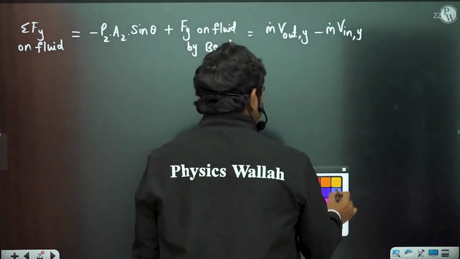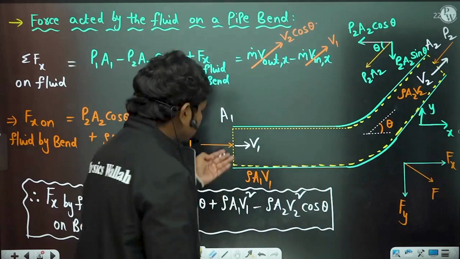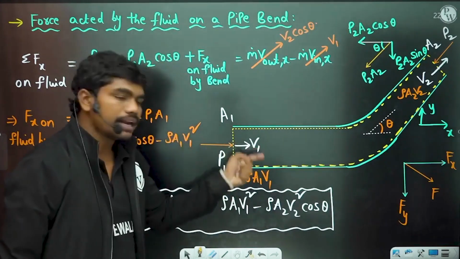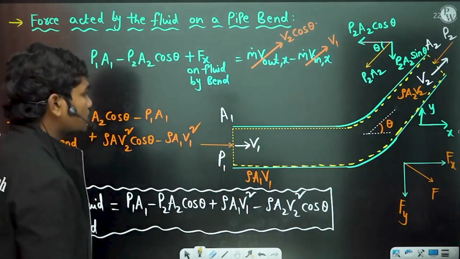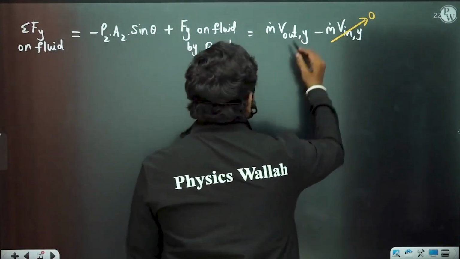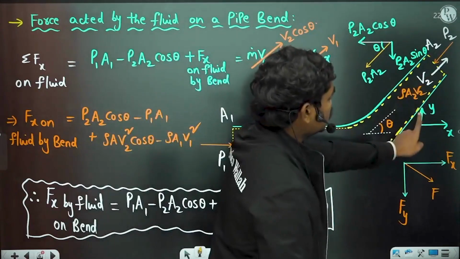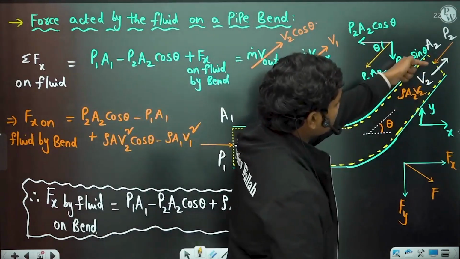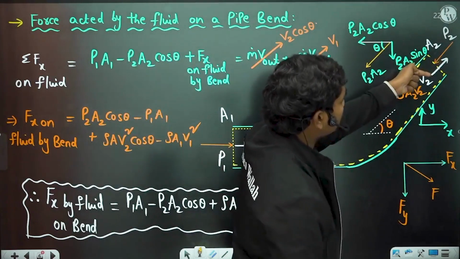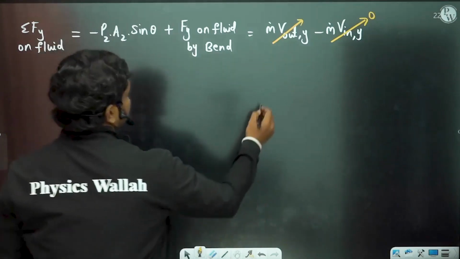Now at the inlet there is no velocity in the y direction, because at the inlet of this volume fluid is coming in at velocity V1 straight away. So there is no y component of velocity, but now V out in the y direction is nothing but, if you resolve this, for example this is V2, so V2 cos theta is horizontal and V2 sin theta is vertical, correct? So V2 sin theta.